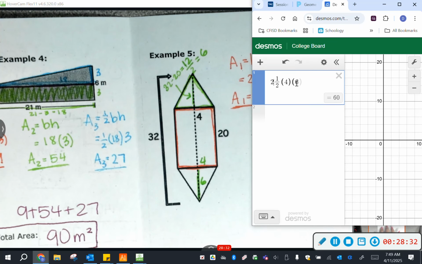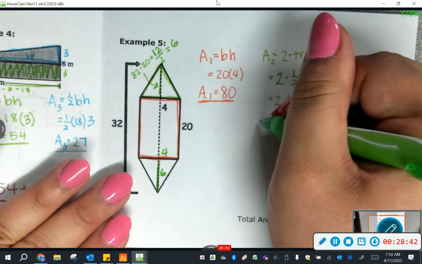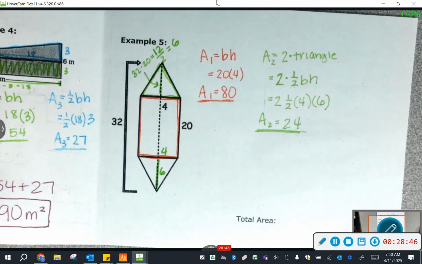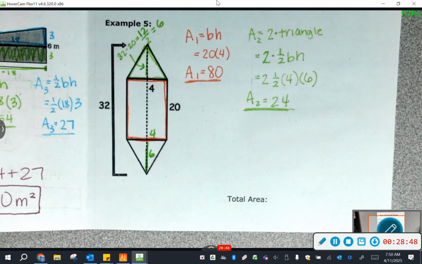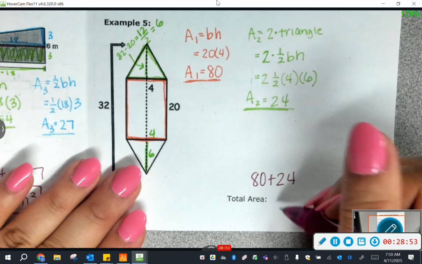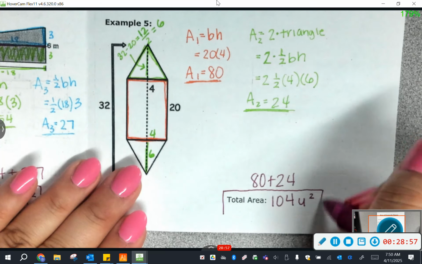So what do I get? 24. And what do I do last? Add them together. What is 80 plus 24? 104 units squared.